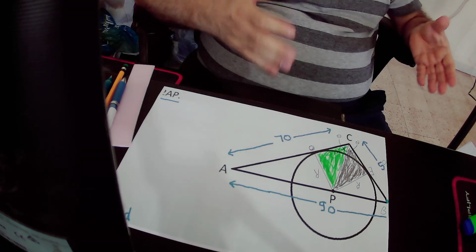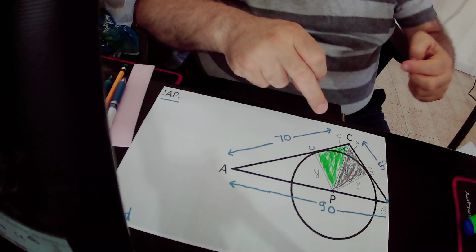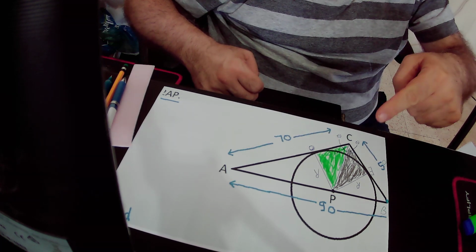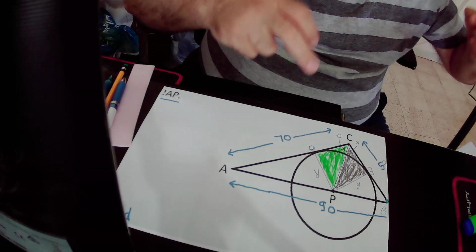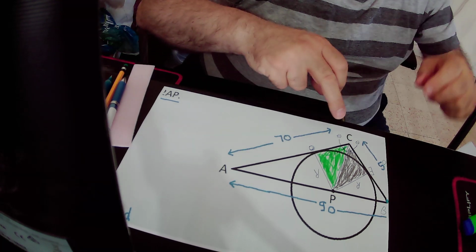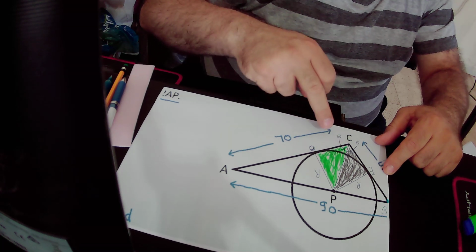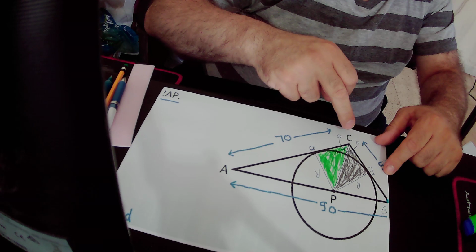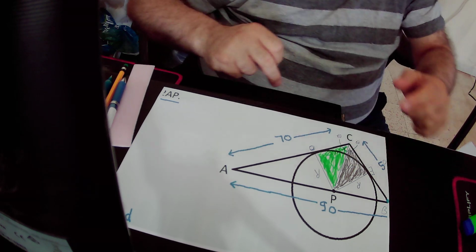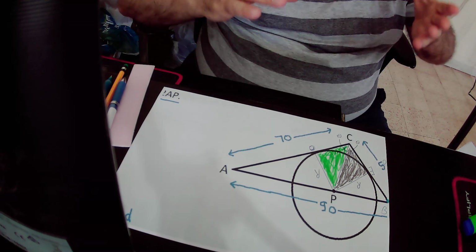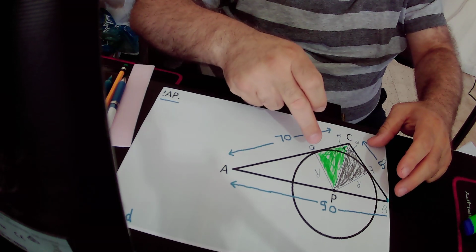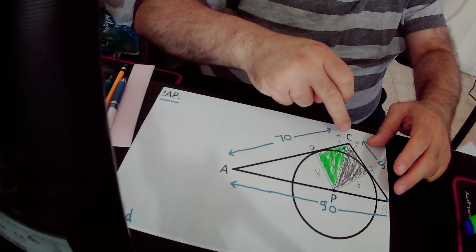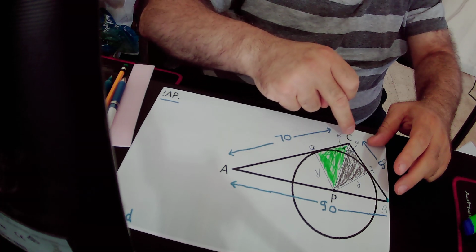And for that reason, because 3 sides of the green triangle equal 3 sides of the black triangle, we can say that the green triangle, that is to say triangle COP, is congruent to the black triangle, that is to say triangle CEP. Okay, so triangle COP overlaps triangle CEP.